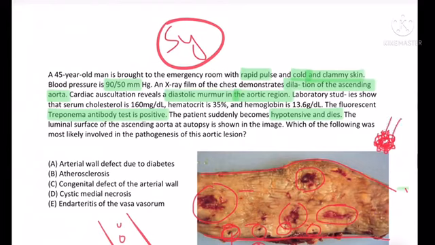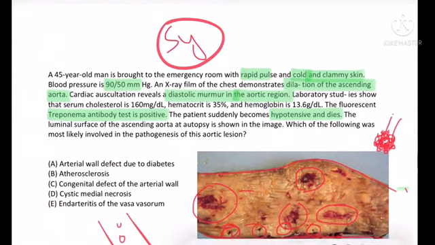Once the vasa vasorum is damaged, there will be no supply to the adventitia and the one third of the tunica media. Then there is damage from the inside as well as from the outside of the aorta. That can lead to dilation, aortic dissection, and damage of the aorta, as we can see in this condition. So what is this called? It is called endarteritis of the vasa vasorum in case of syphilis.